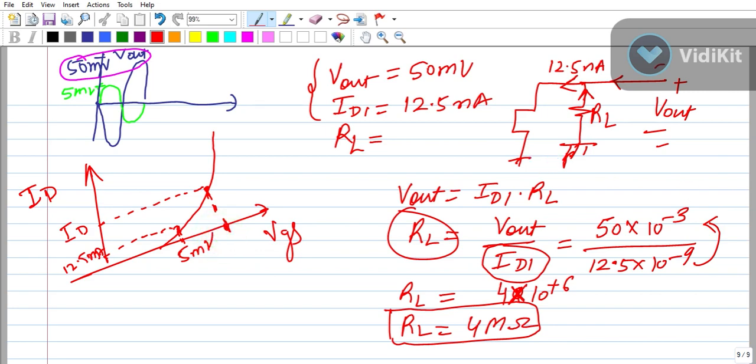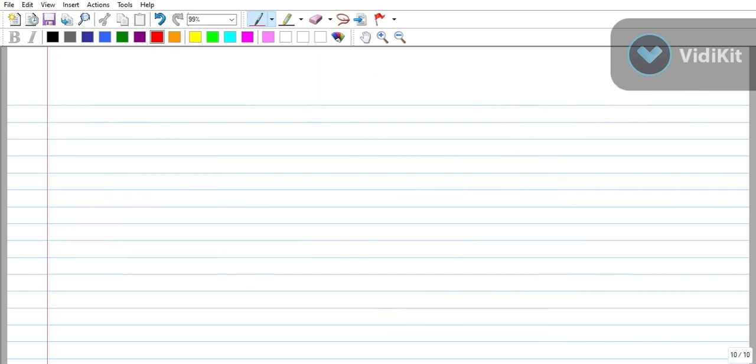So let me take another page. For this, let's give some 0.9 volt for biasing. Let's see what will happen. So let me make the circuit again. This time VO equal to 0.9 volt.